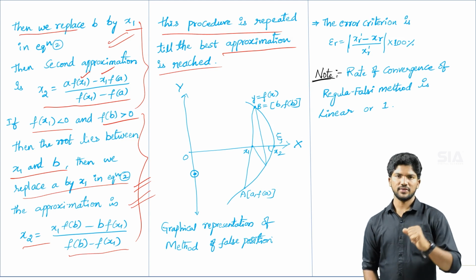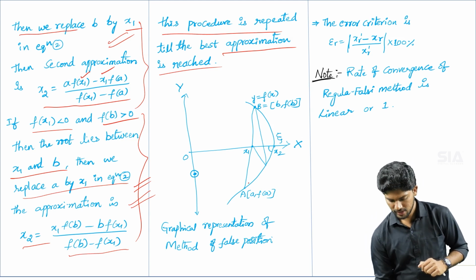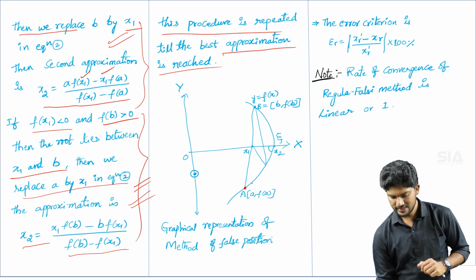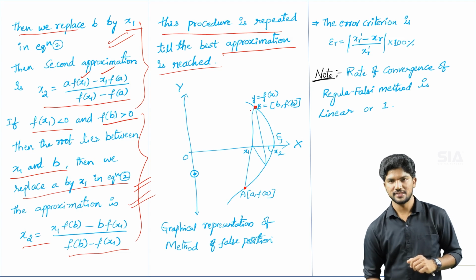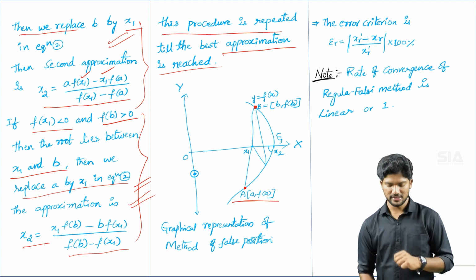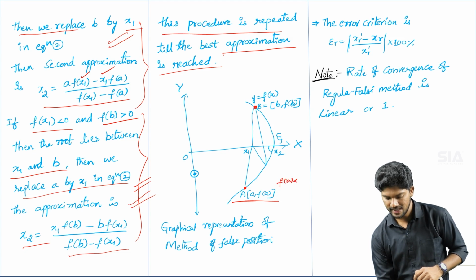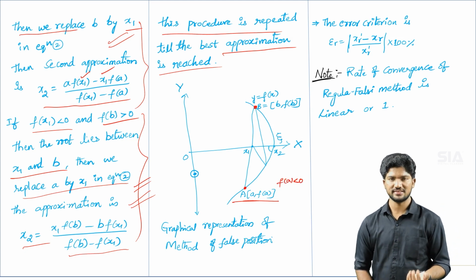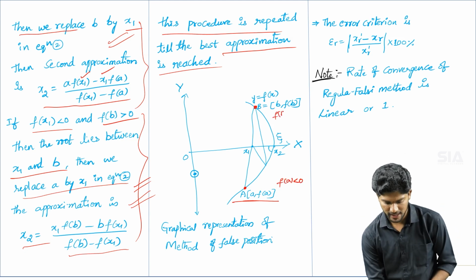This is the graphical representation. Here point capital A is there and point capital B is there. What are the coordinates? A comma f of a. Why? Because f of a we got less than 0. Assume that f of a less than 0 and here f of b greater than 0.